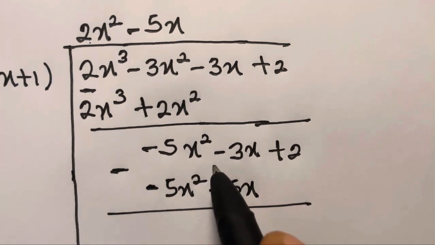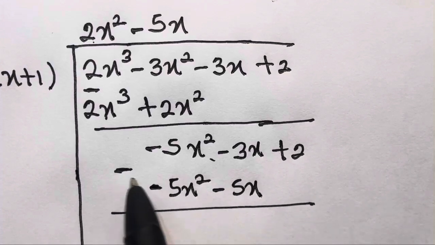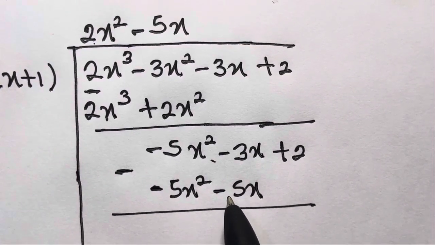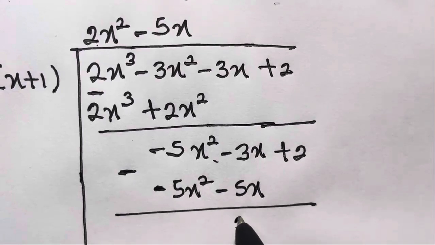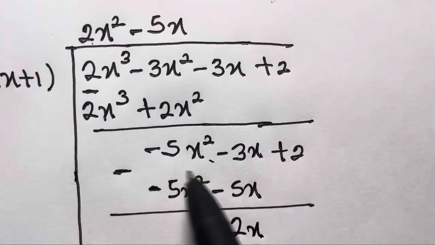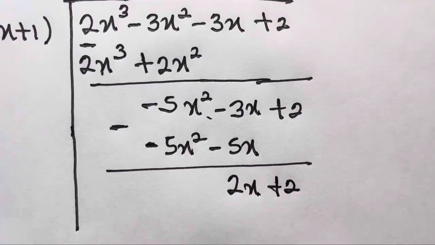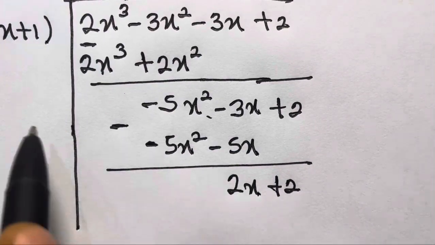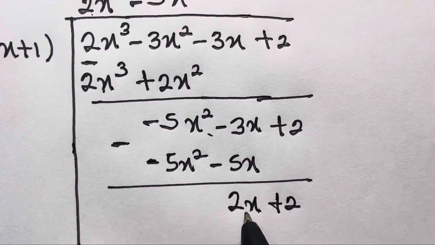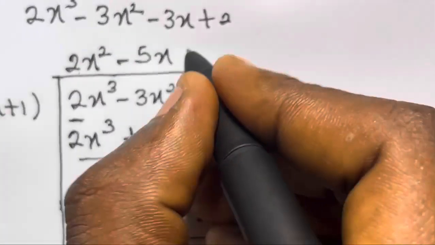So then again, we have minus 3x plus 5x, and that will give us 2x. Then we have plus 2 here. So again, we are moving. We still have 2x plus 2 here. So we divide 2x divided by x, and that will give us plus 2.